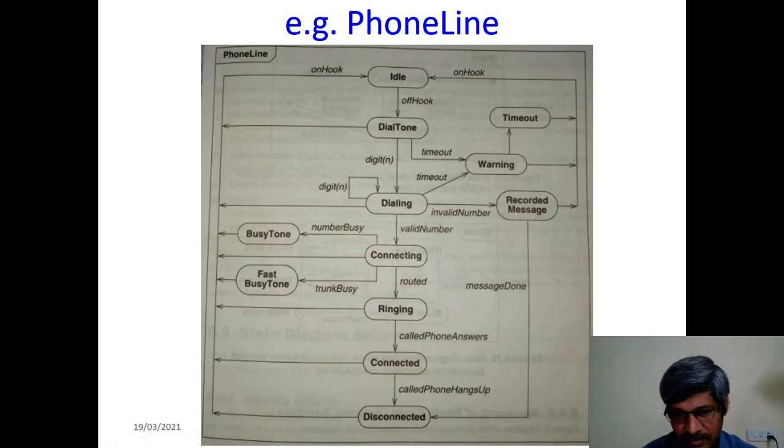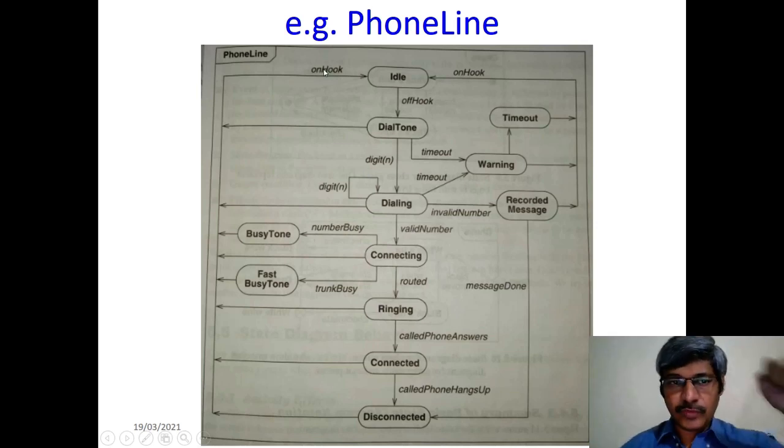If the other person answers your phone call, then you will be in the connected state. Once your basic call is finished, the called phone hangs up, then it is in the disconnected state. And from the disconnected state, literally from almost all the states, once you put the hook back, the phone line goes into the idle state.